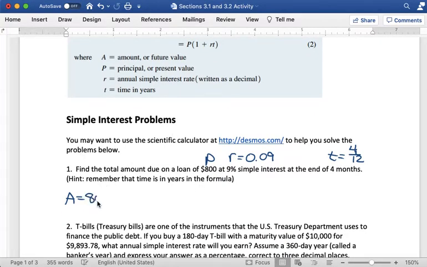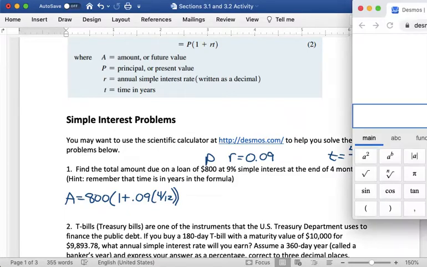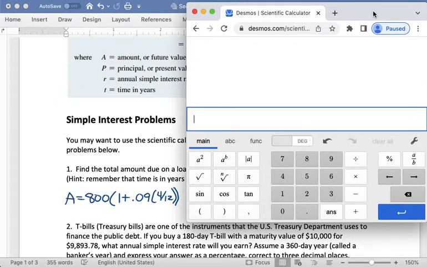I'm going to plug in 800 for P. Then we have the 1 plus here, 0.09 for R, and then 4/12 or 1/3 for T. So this looks a little bit weird here, multiplying a decimal by a fraction, but on my calculator it'll work out just fine. So here's my calculator.